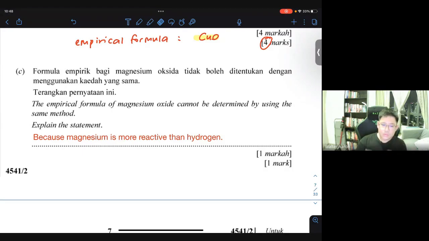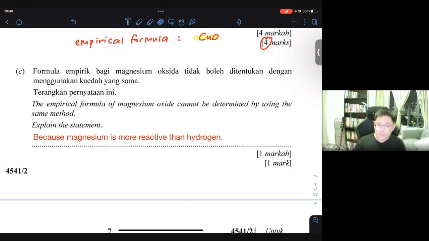So the question now for C is why can't we use magnesium oxide for the same experiment to calculate its empirical formula? The answer is because magnesium is more reactive than hydrogen. So magnesium oxide cannot be reduced by hydrogen, you know what I mean? The idea is very simple. For the experiment to work, hydrogen must be more reactive than the other substance, the other metal.